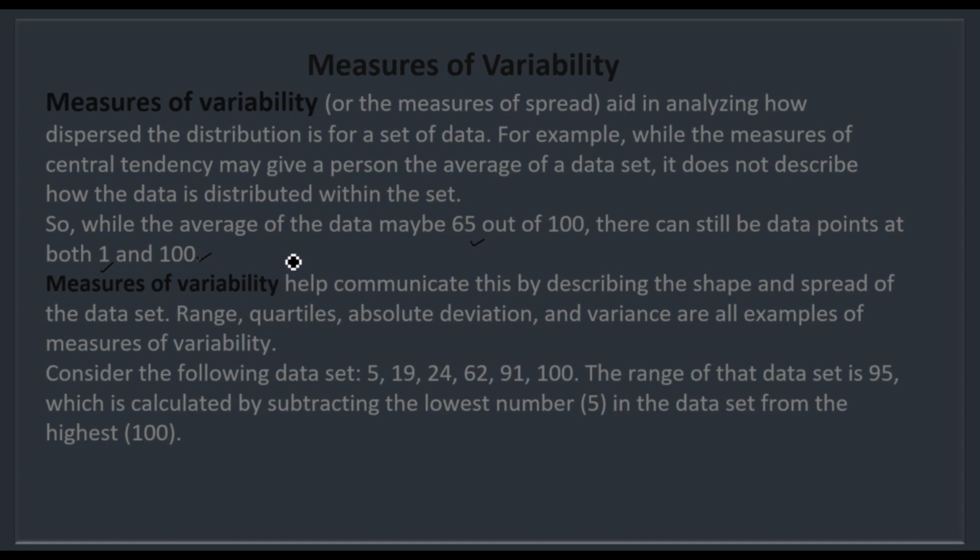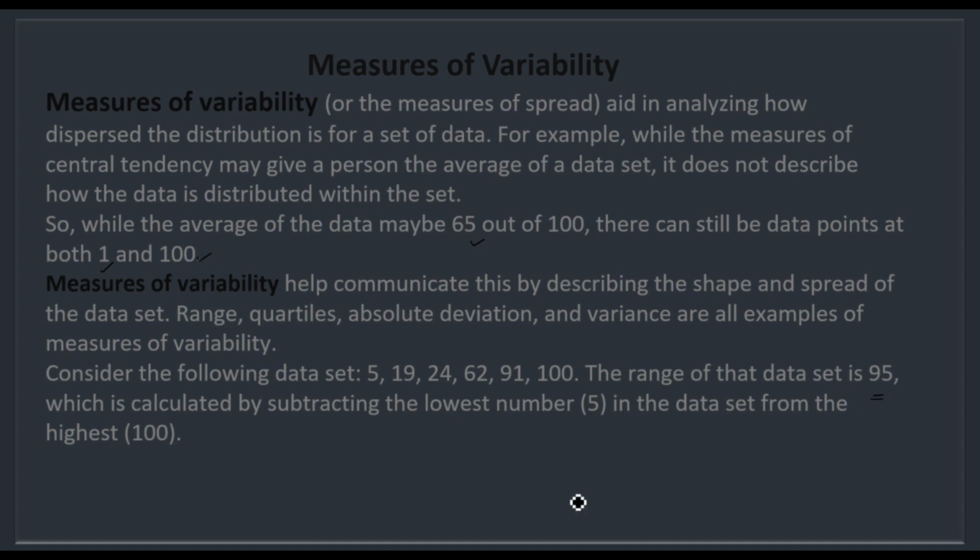So measures of variability help to find the spread of values in a particular data set. They communicate this by describing the shape and spread of a data set. For this we calculate range, interquartile range, variance, standard deviation, etc. Let's consider the following set: 5, 19, 24, 62, 91 and 100. The range of that data set is 95.